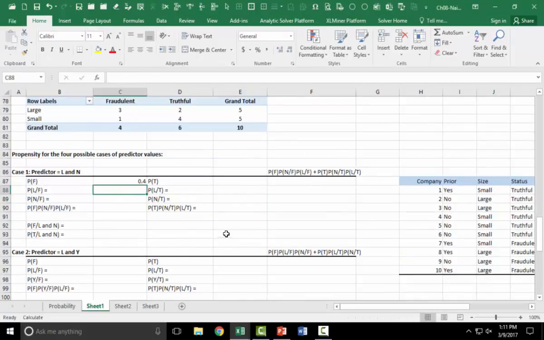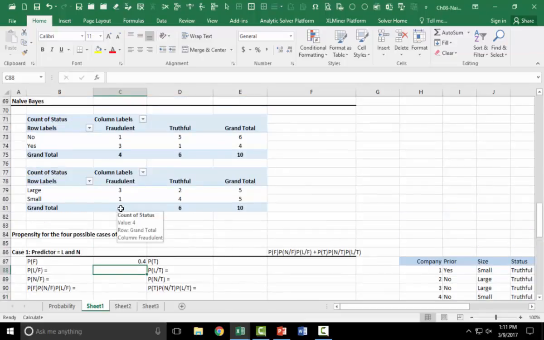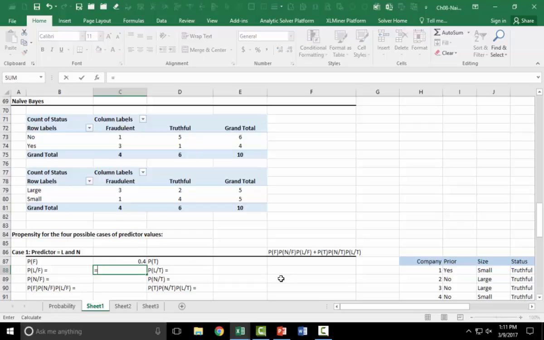Now we want L given F. So now we don't have a joint table, we have individual tables. L given F will be C79 divided by C81.